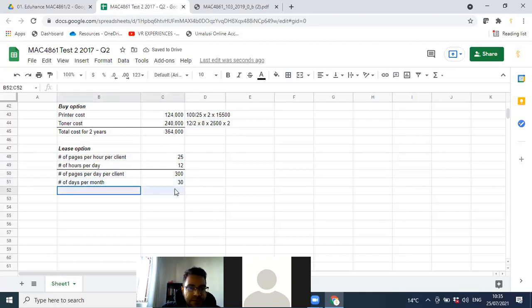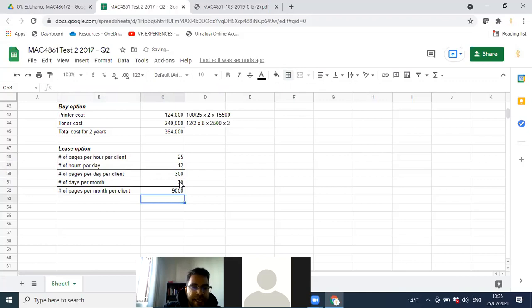So therefore, that will give you the number of pages per month per client. It's going to be 300 multiplied by 30.